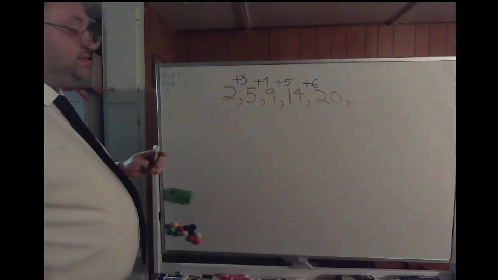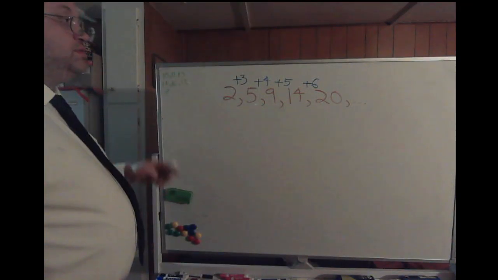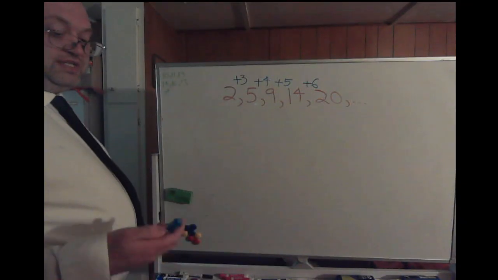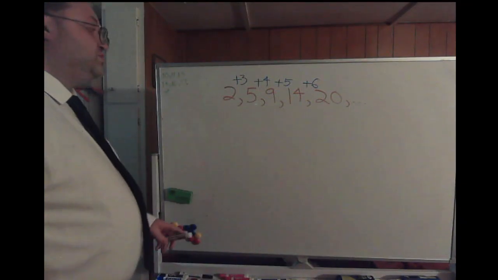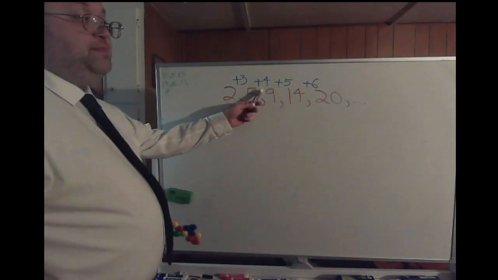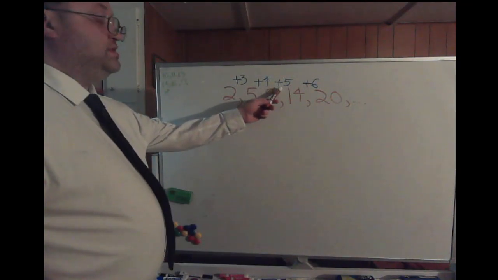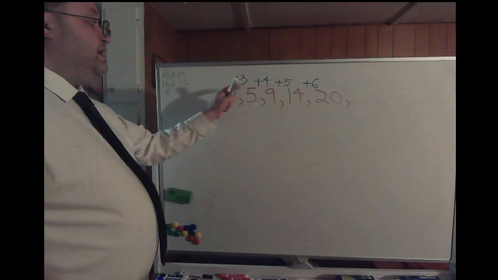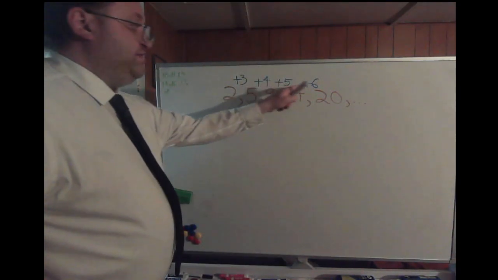This is definitely not subtraction because it's going up. It wouldn't work out to be multiplication either. This is another type of list where between each term it goes up by a number, but you keep adding one more. You just keep adding one more to it. So we go up by 3, then by 4, then by 5, then by 6.